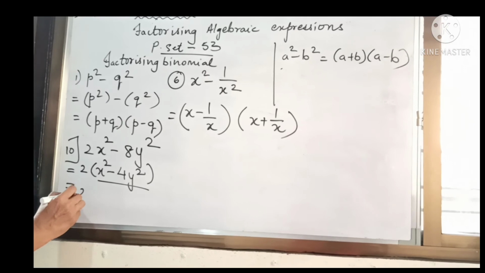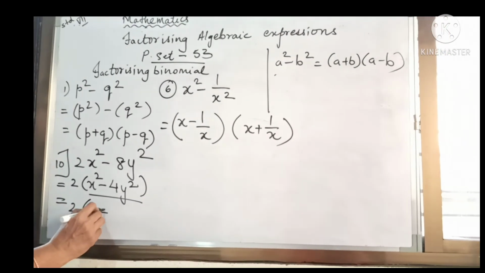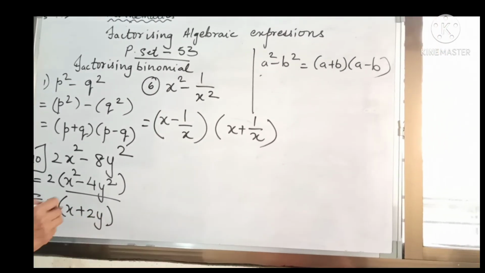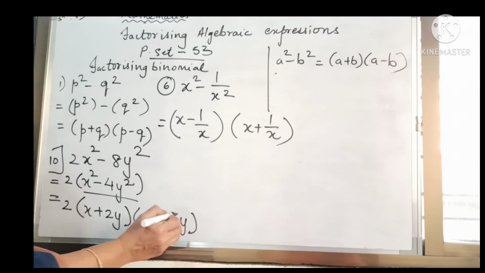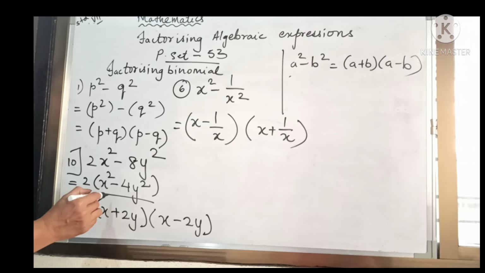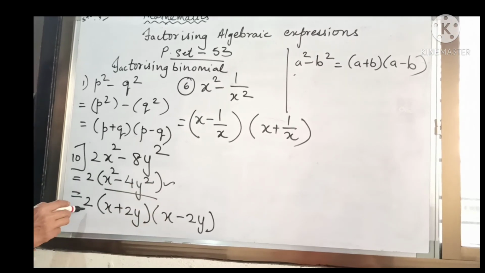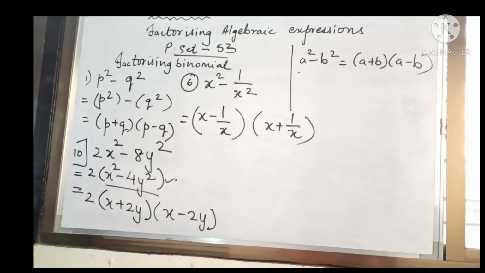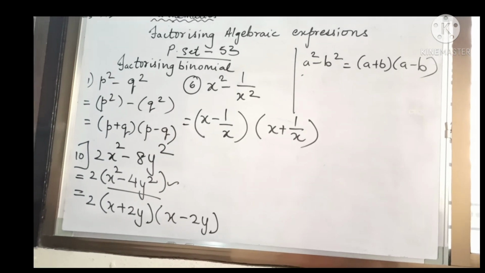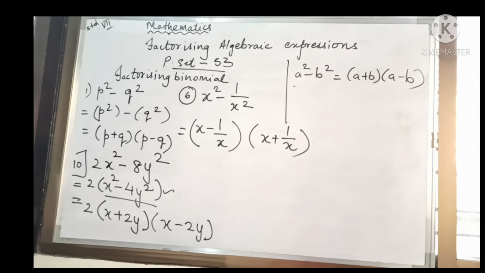So we have x plus 2y in one bracket and x minus 2y in another bracket. So these are the factors of this bracket, and 2 is common. So in this way you can factorize the binomial. The remaining examples you have to complete in your classwork.